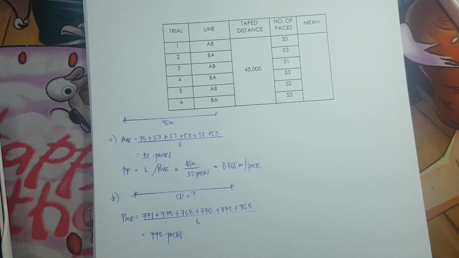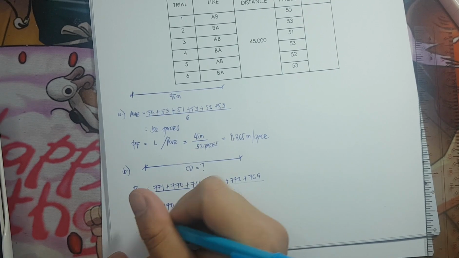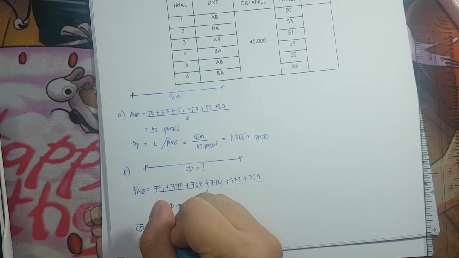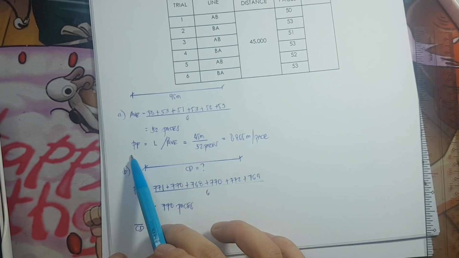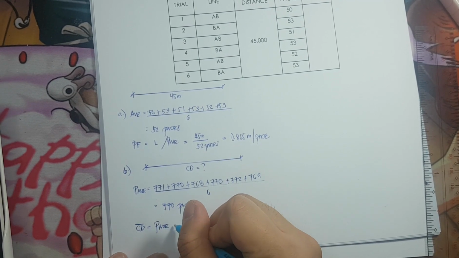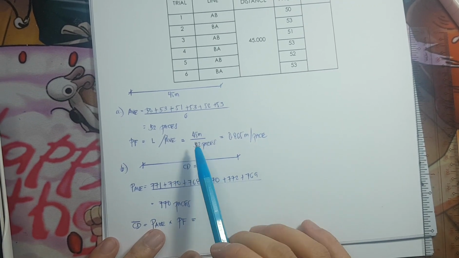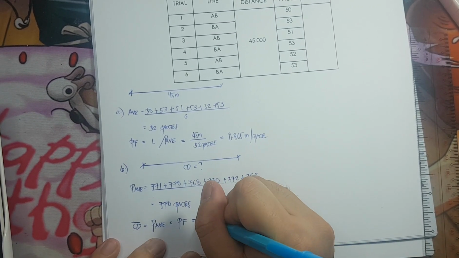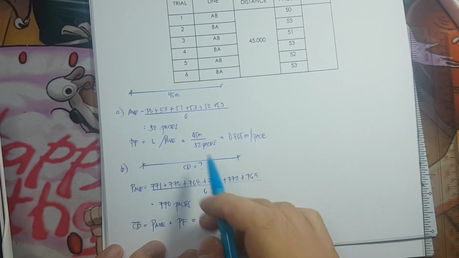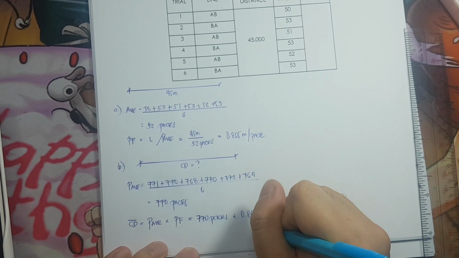Okay. Now for the distance CD, it is equivalent to the P average times the pace factor. What is the P average? 770 paces, times the pace factor of 0.865 meter per pace.